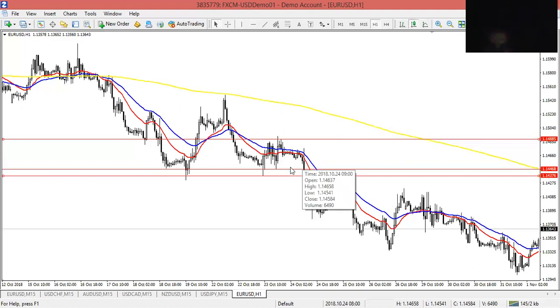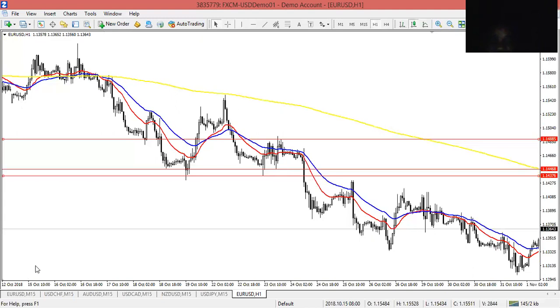Now, let's assume that I enter here, then the market starts going against me. As it's going, it will be showing minus. That minus that you are seeing will be subtracted from your balance.